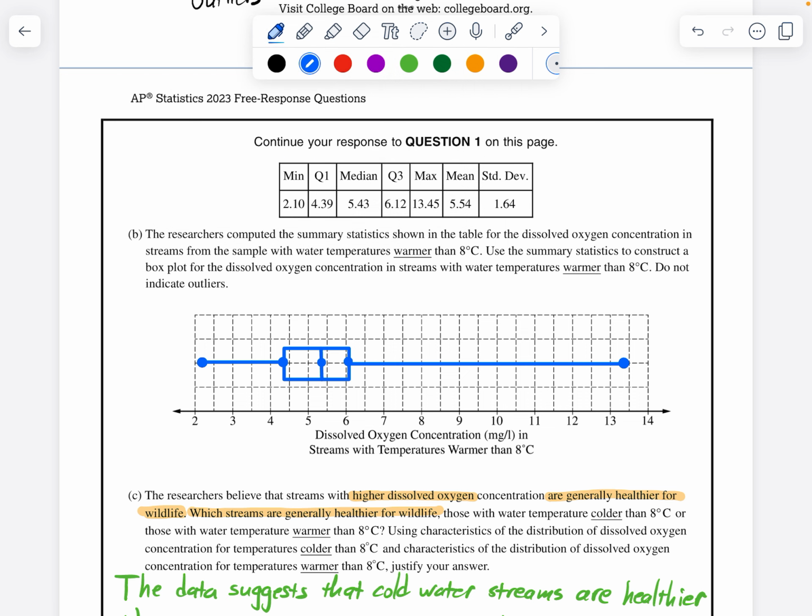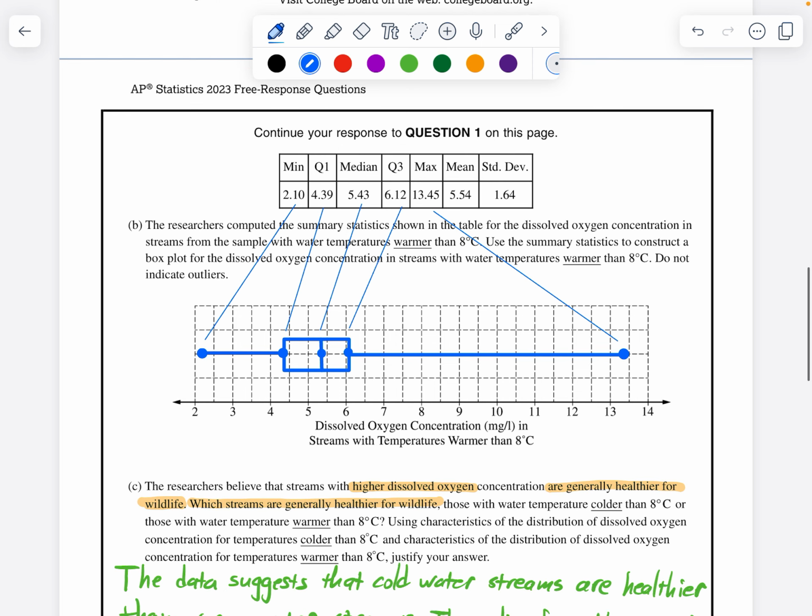The minimum just goes down there, and you just put a dot there. Q1 is the bottom of the box. Median is the middle of the box. Q3 goes there, and the maximum is over there. And then connect the whiskers, and that's it. Pretty straightforward if you remember how to do that.